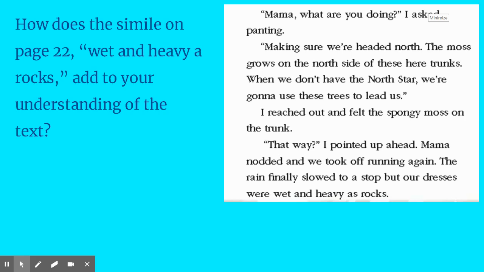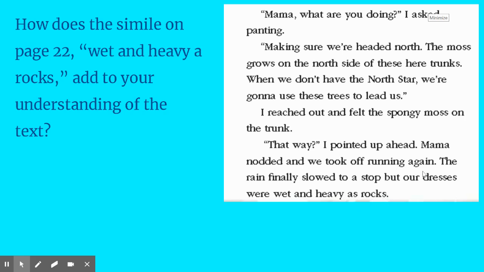We have another figure of speech that compares two things, but it doesn't use that word, and that's a metaphor. And those are two that kids tend to get confused. So we have wet and heavy as rocks. So we're comparing something here to a rock, but what we don't know is what we're comparing.